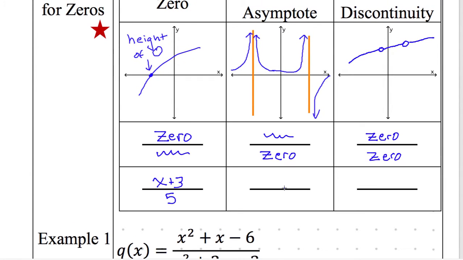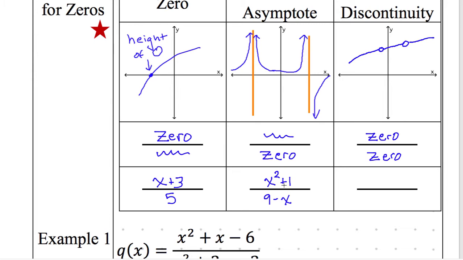What about an asymptote? I could have something like x squared plus 1 over 9 minus x. The top here can never be 0. Try plugging in a number. 2 squared is 4 plus 1 is 5.